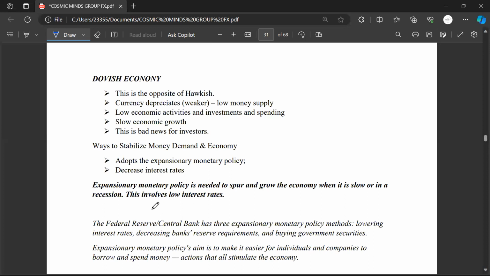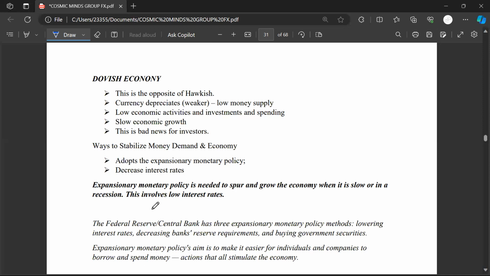Now, these monetary policy makers want a way of stabilizing the money demand in the economy, right? So they adopt the expansionary monetary policy. We look at that shortly. And hence what? Decreasing the interest rate, right?